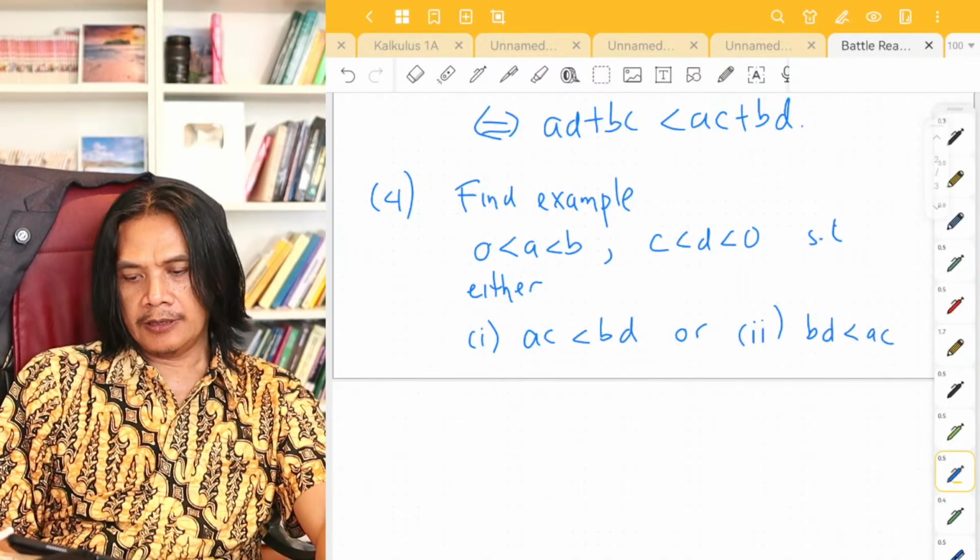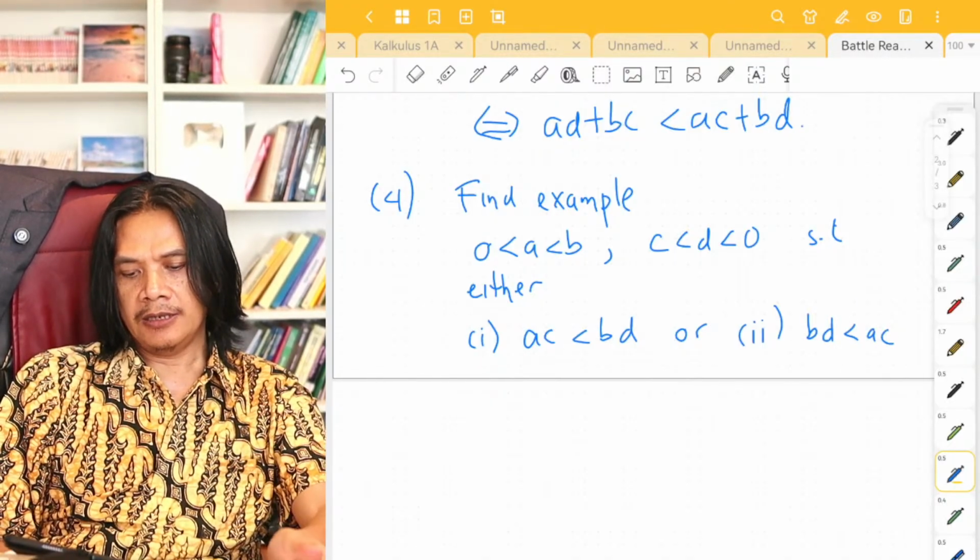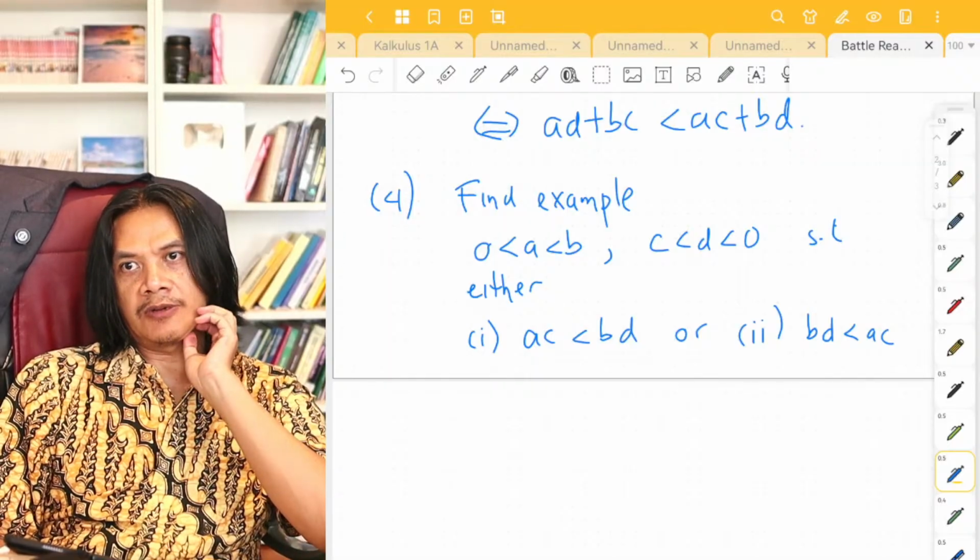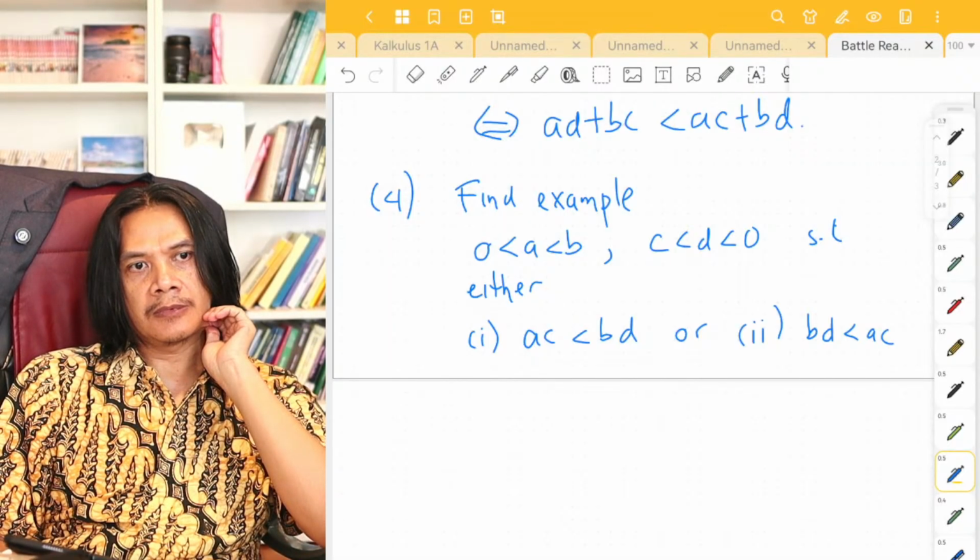So when you find an example of A, B, C, D, so that the first or the second one is true. Okay, A, B, C, D, 1, 2, 3, 4.